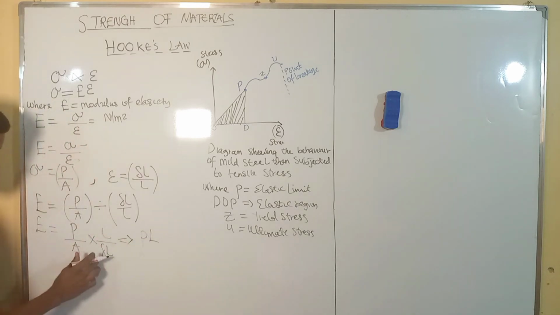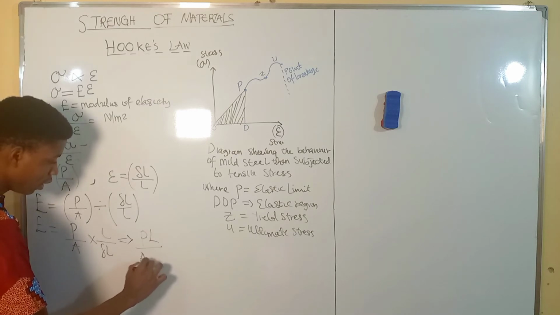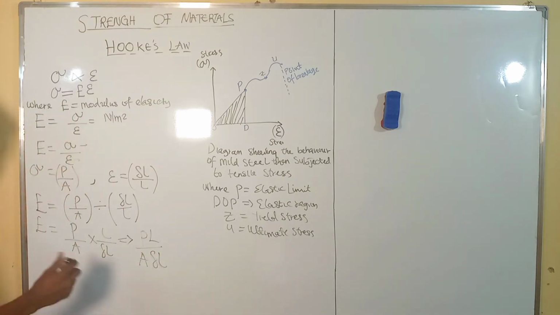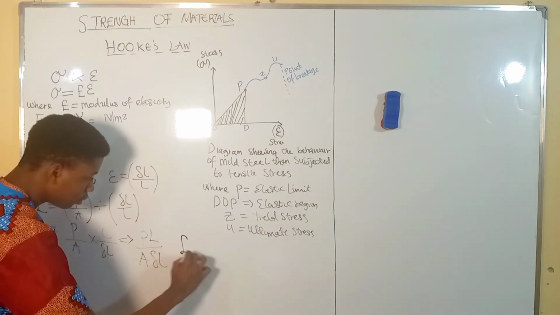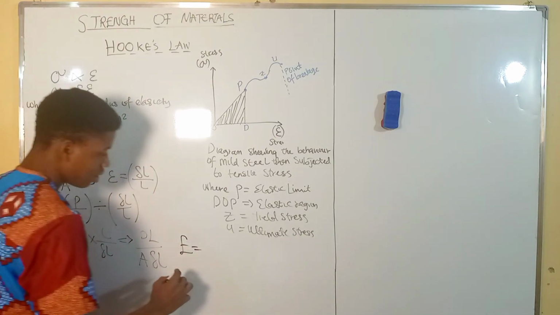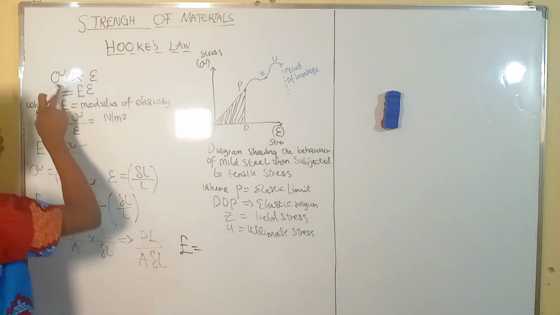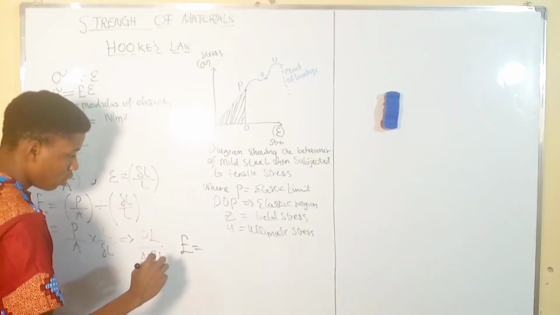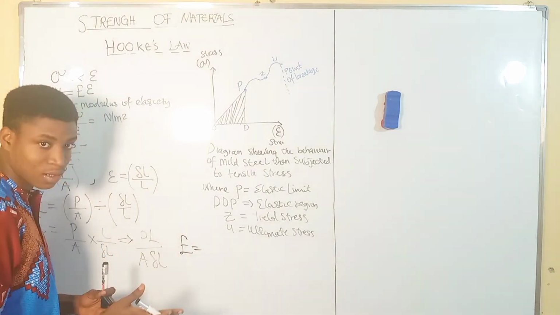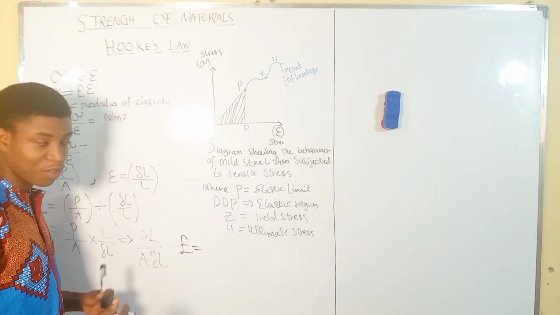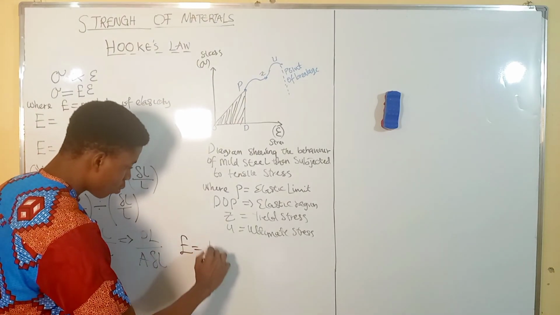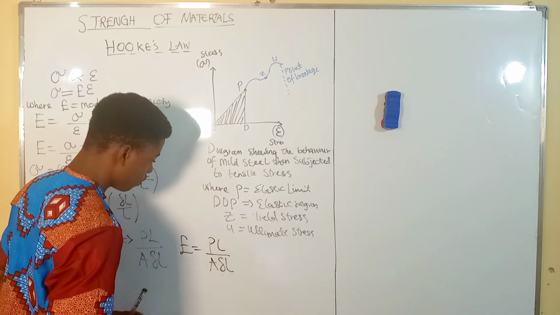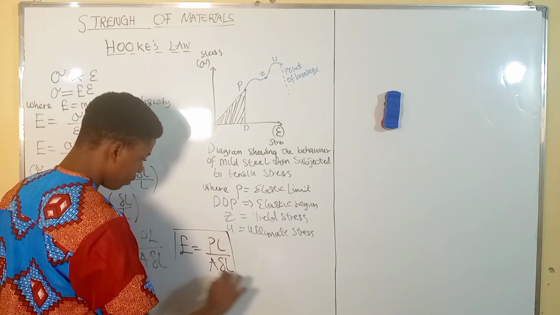When you multiply A by the deformation, you have A times deformation. So take note that the formula for modulus of elasticity, which is a constant when the stress is directly proportional to the strain, which is Hooke's law, in relation to strength of materials in engineering, is PL over the area multiplied by the deformation. Take note of this formula.